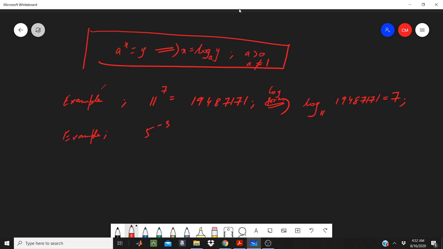Another example would be 5 to the power of minus 3 equals, what is it, 1 over 5 cubed, that's 1 over 125. So in log form, you can write this as log base 5 of 1 over 125 equals minus 3.